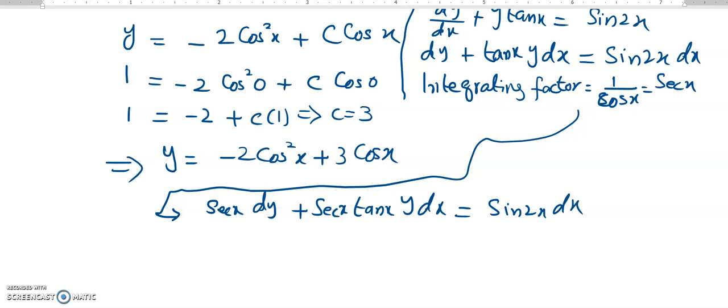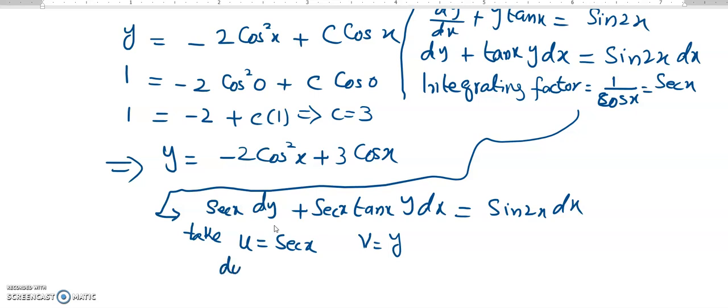And then we have to determine what this expression is. For determining this expression, let's take u equal to secant x and v equal to y.